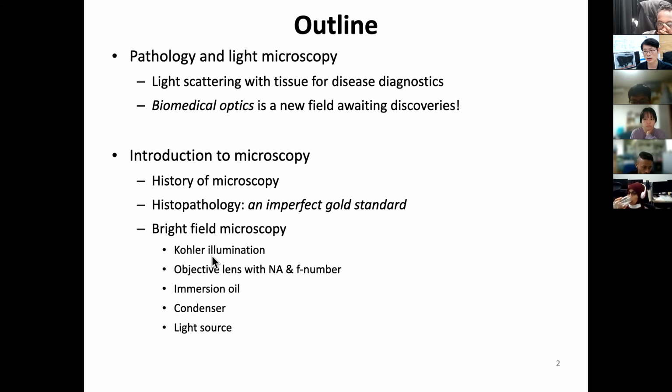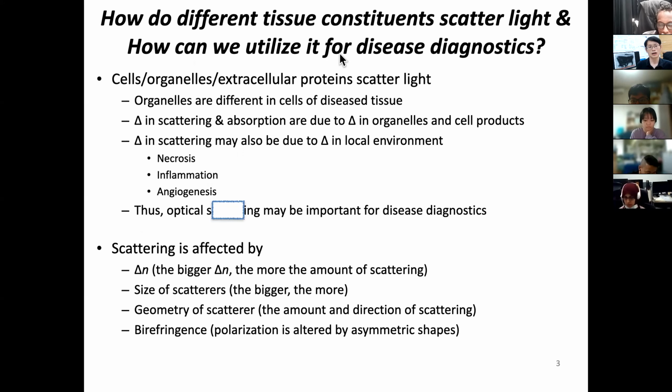Okay, so we'll cover color illumination, an objective lens with NA, the so-called numerical aperture concept. And for those who love photography, you will notice the F number in your camera lens, an immersion or condenser lens and light source.